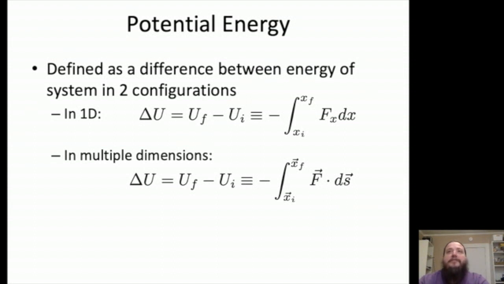We don't actually define the 0 point of potential energy, but rather we define the difference between the potential energy as the minus the work that would be done by one of these conservative forces in moving from an initial to final position.